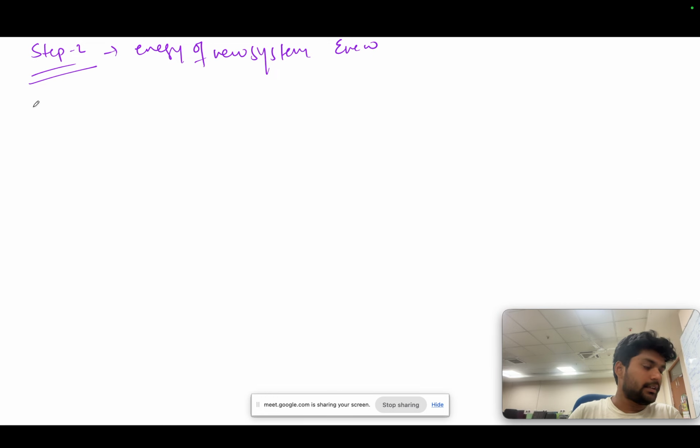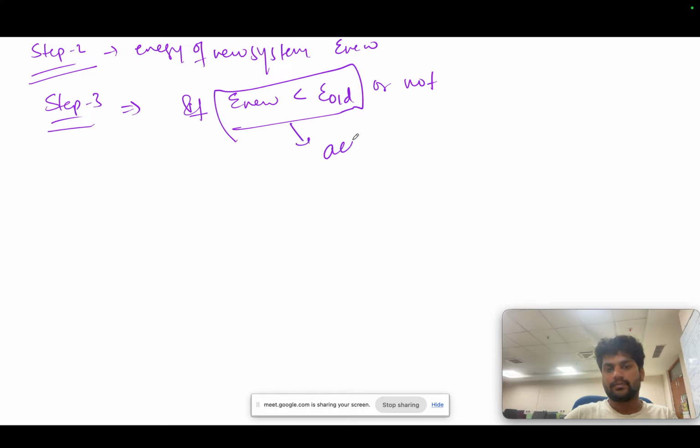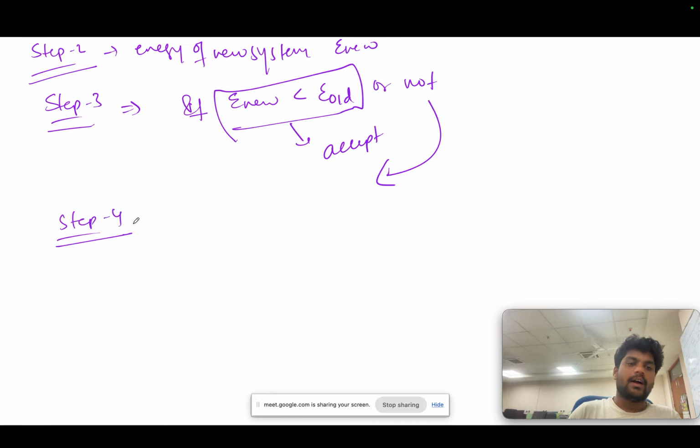And in step 3, we apply an if clause, where we check whether E new is less than E old or not. If this is the condition, then we will accept it. If this is not the condition, then we will go to step 4, and we will see the probability.